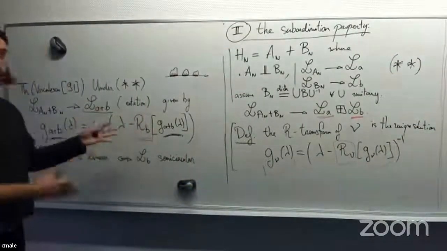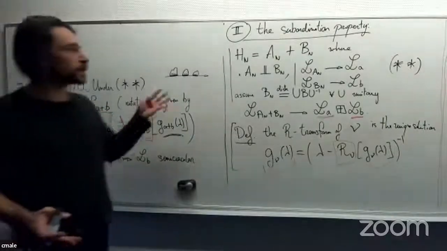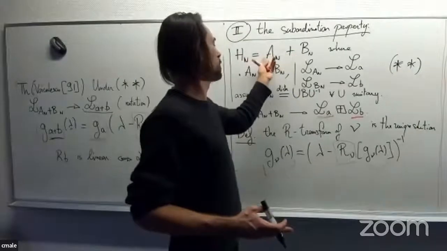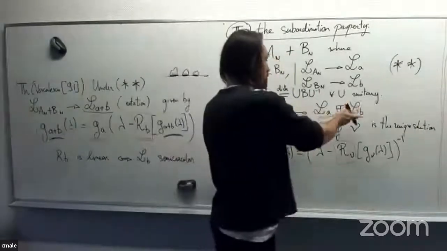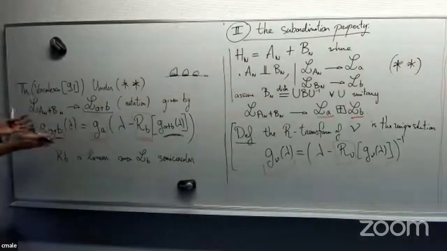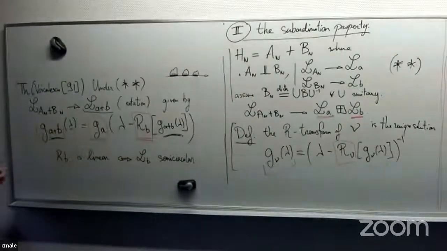But out of the semicircular case, when it's not just the specific case of Wigner matrices plus a deterministic matrix, you have the free convolution in general, and the equation is just a variation of Pastur's equation. Okay.